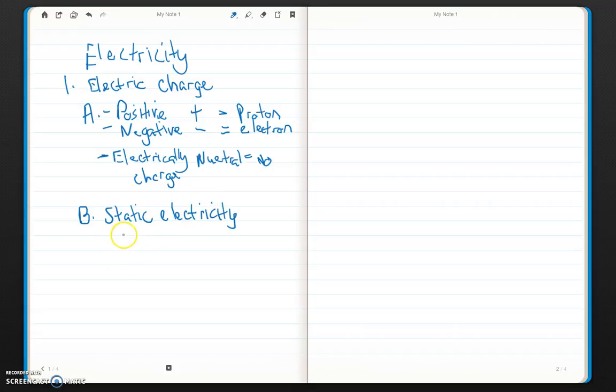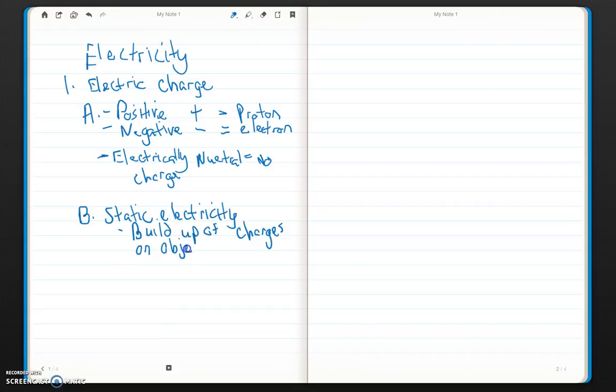If you've ever heard somebody say my clothes are staticky, or my hair is real staticky, technically that is talking about a buildup of charges on some object.